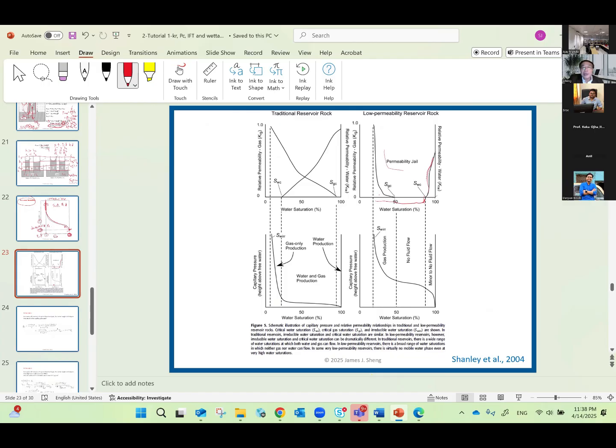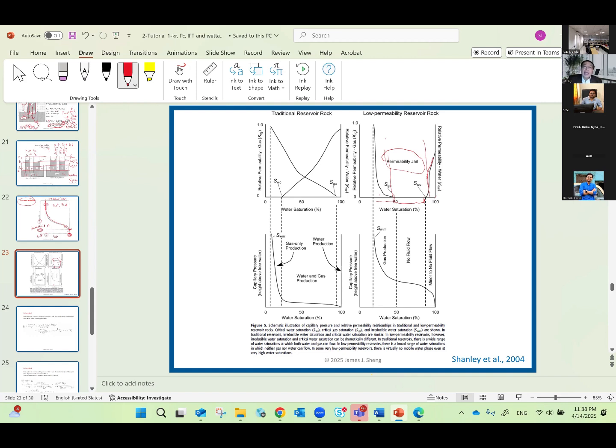We have this permeability within an intermediate range where neither water nor gas can flow. I'm sorry, this picture shows the oil, water and gas phases.